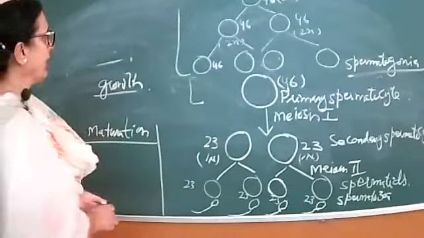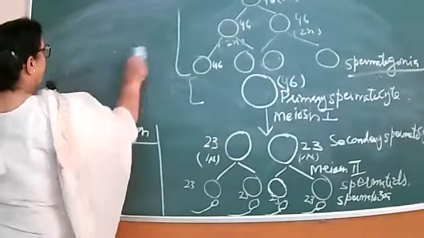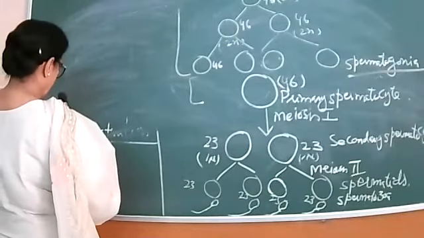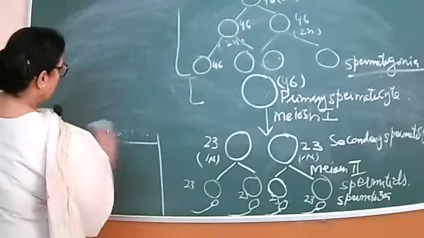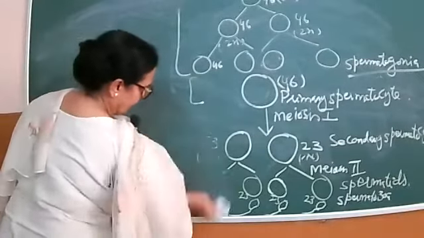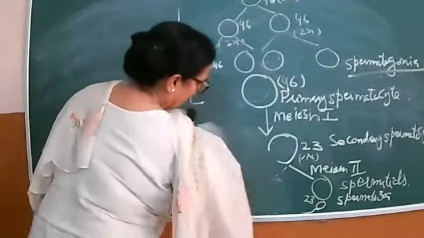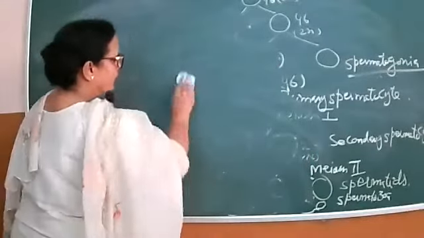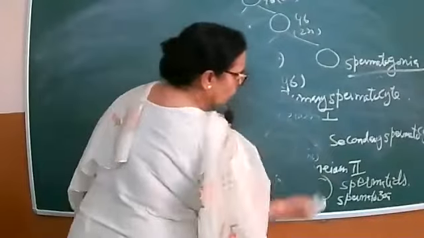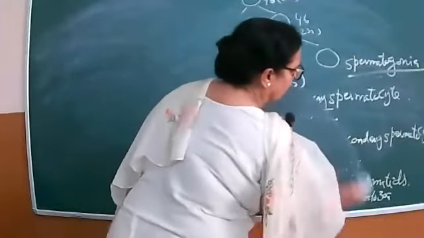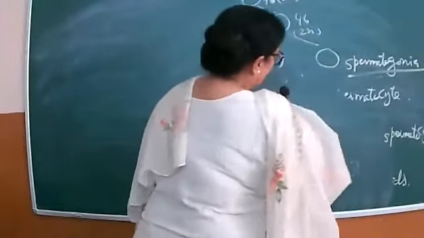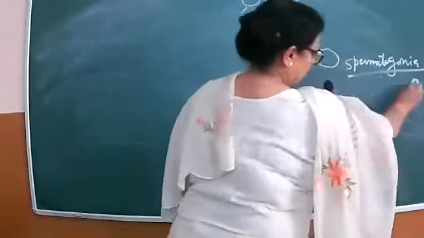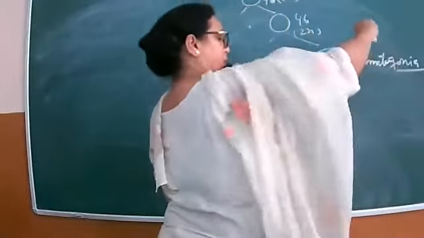Now the next category of gametogenesis is oogenesis. Oogenesis takes place in the ovaries. There are certain basic differences between spermatogenesis and oogenesis which you need to be very clear about, right?